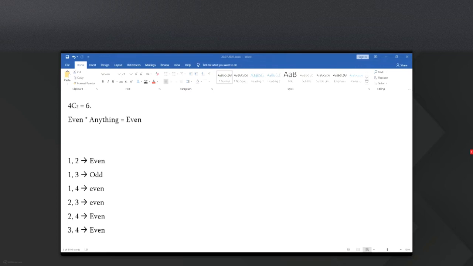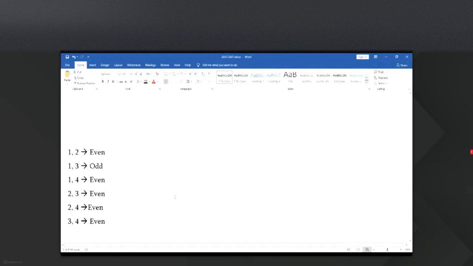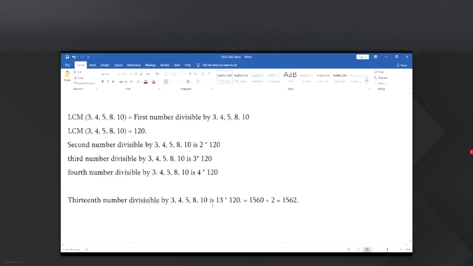So now what we'll do here is, the question: 1562 is not divisible by 13. I did not say 1562 is divisible by 13. 1562 when divided by 3, 4, 5, 8, 10 gives the remainder 2.